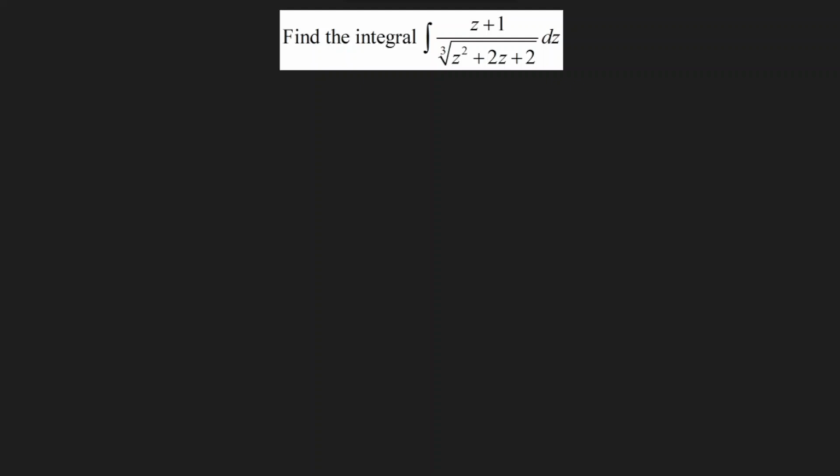Today, we'll try to solve the integral of z plus 1 divided by the cube root of z squared plus 2z plus 2. Now, if you take that integral equal to A, we will have A equal to the integral of z plus 1 times z squared plus 2z plus 2 to the power negative 1/3 dz.